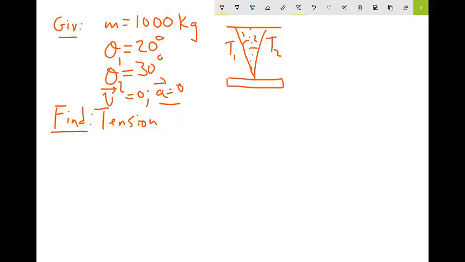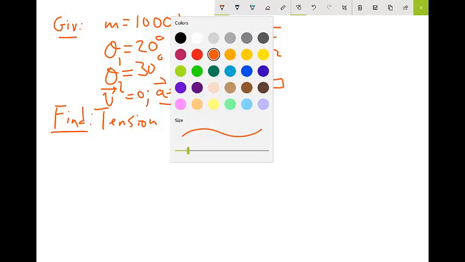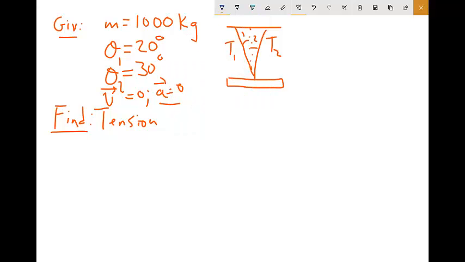And the most useful diagram that we can make, besides this diagram here, which illustrates what's happening, is a free body diagram. So let me go ahead and do that. Okay, so the free body diagram is a simplified version of this.